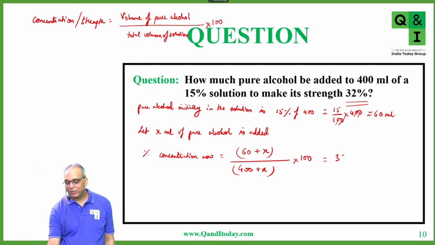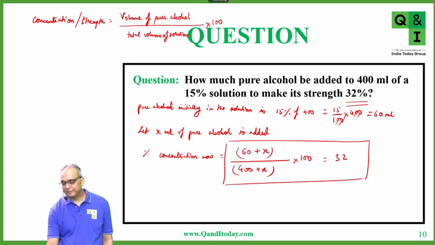This is going to be equal to 32%. Is this equation clear to everyone?